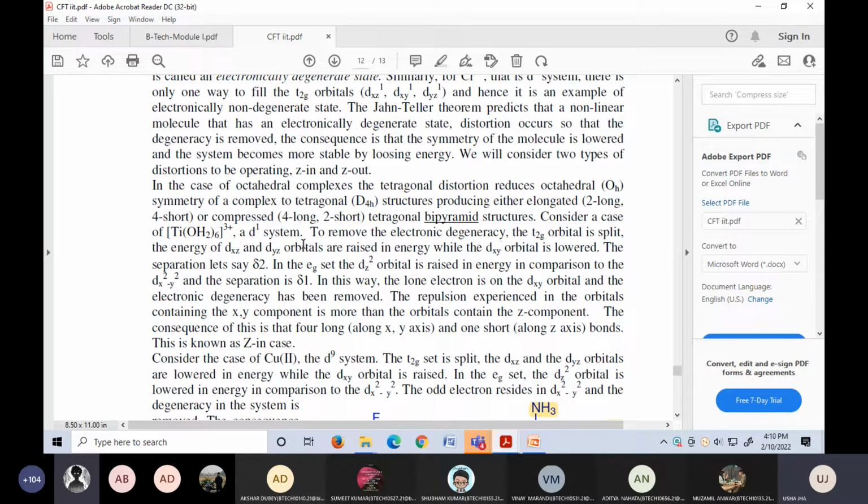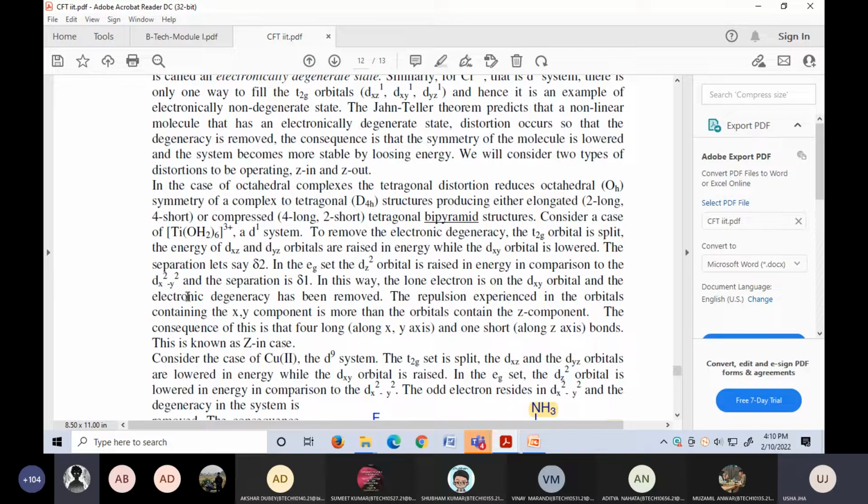That will cause the ones along the z-axis to get increased in energy. The separation, let's say, is delta 2 in the Eg set, where the dz squared orbital is raised in energy in comparison to the dx squared minus y squared.